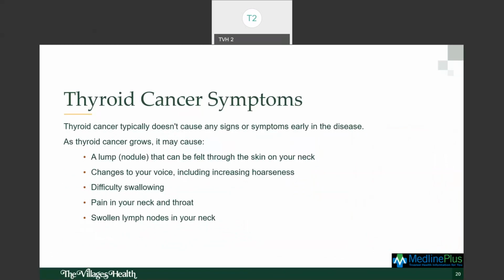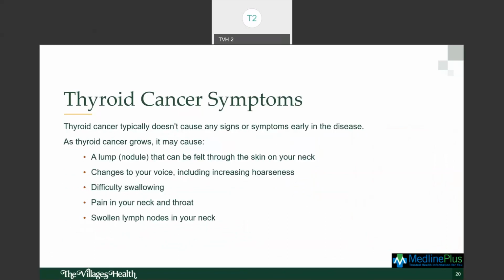Some symptoms that we do know as far as thyroid cancer. Again, usually at first, early on with the diagnosis, you may not have any signs and symptoms. But as the cancer continues to grow, it might cause a lump that can be felt when you touch your neck area where your thyroid gland is.